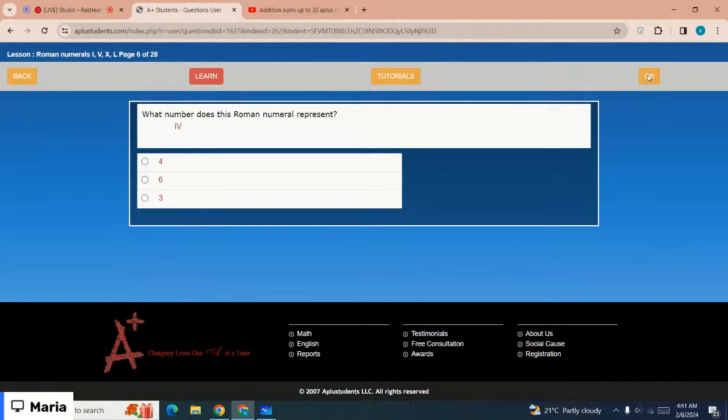What number does this Roman numeral represent? So which is the correct option? The correct option is 4, right? This one represents 4.